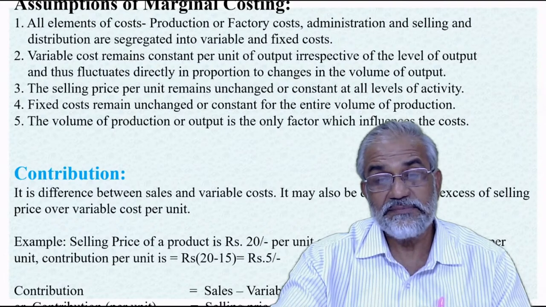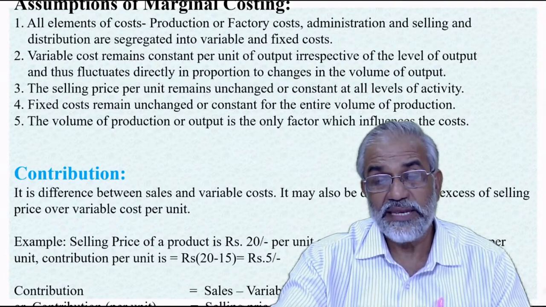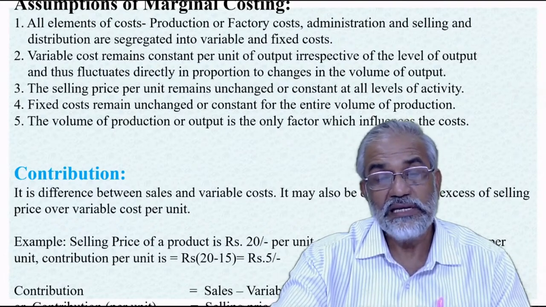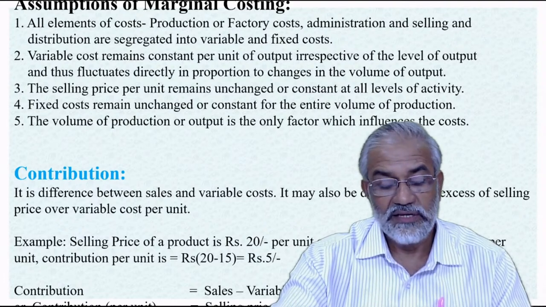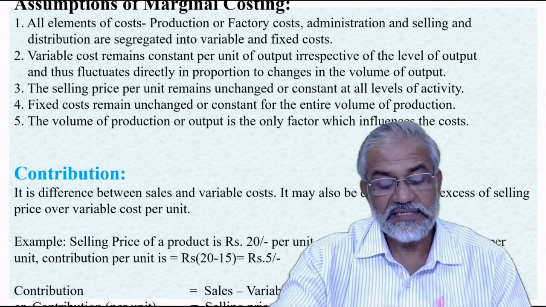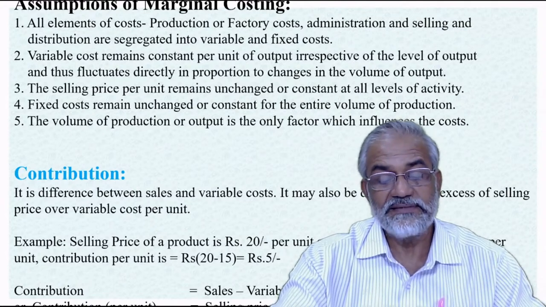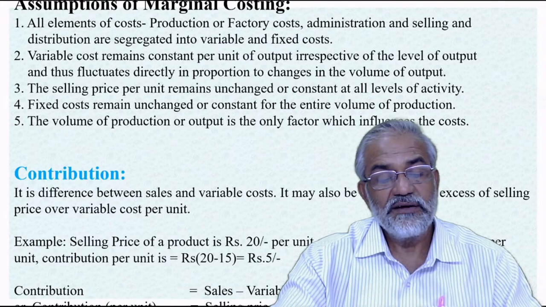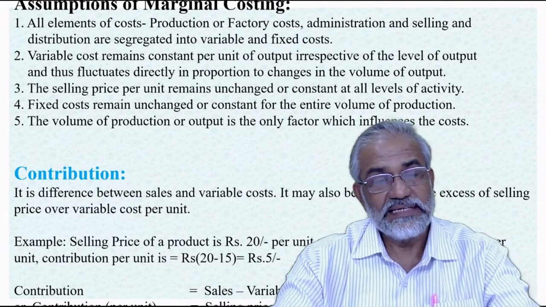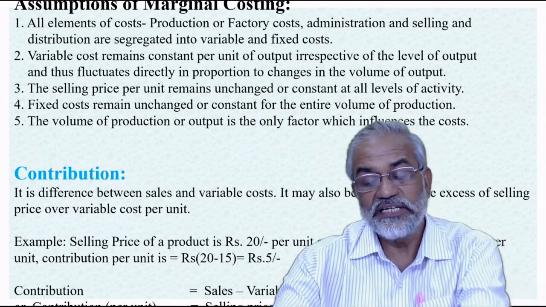Contribution means the sales minus variable cost. By deducting the variable cost from the sales, we will determine the contribution. Contribution is the excess of sales or selling price over the marginal cost of sales. So these are the 6 important characteristics of marginal costing.